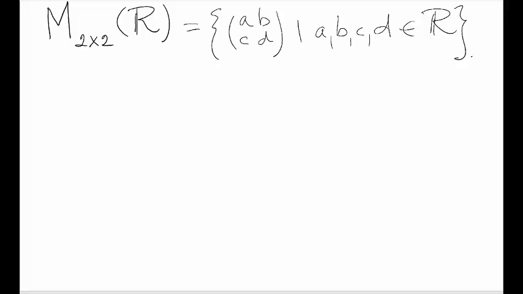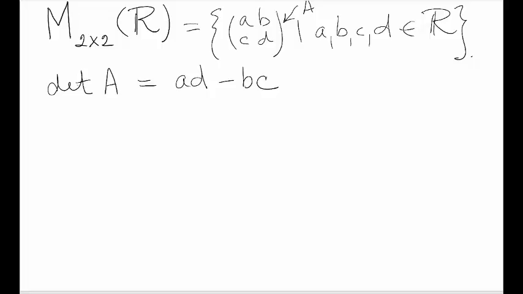Now, certain of these matrices will be more interesting than others, and those are the ones that have a non-zero determinant. So let's review what the determinant is. The determinant of a matrix, I'll say the determinant of A is equal to, and I'm assuming that this matrix right here is A. The determinant of A is equal to AD minus BC.